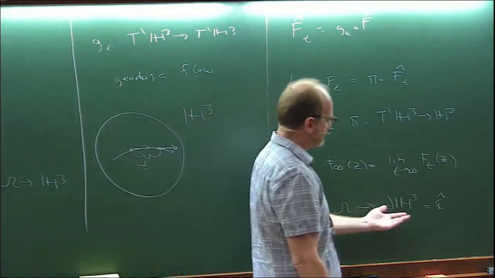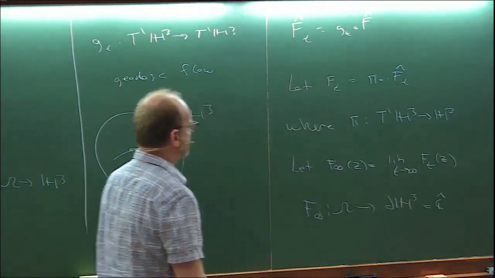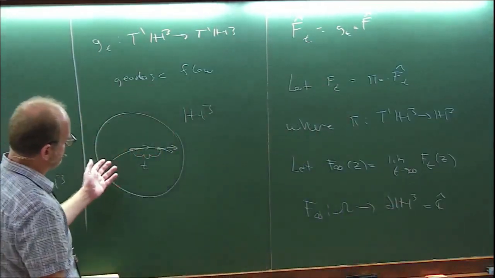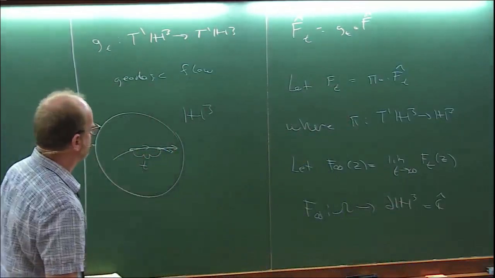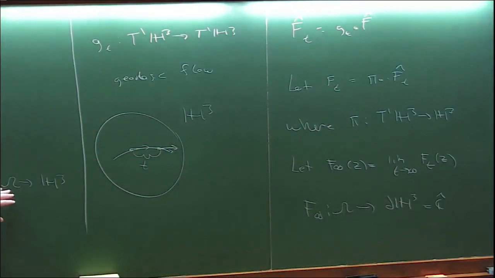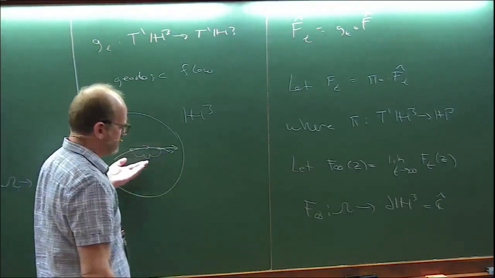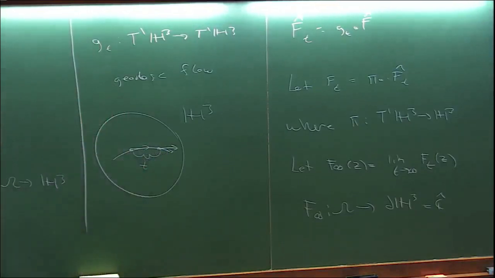Now, what will this map look like? This is really going to depend very strongly on the curvature of the original immersion. For example, one simple example is when omega was a round disk, and this was just an embedding of a two-dimensional hyperbolic plane in hyperbolic 3-space.